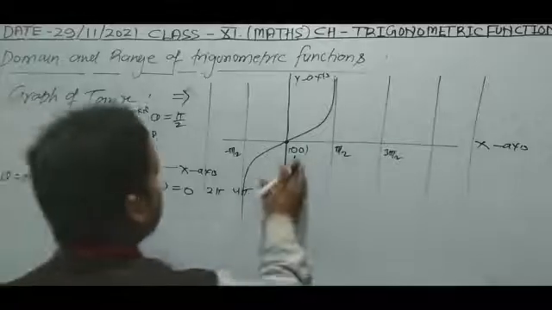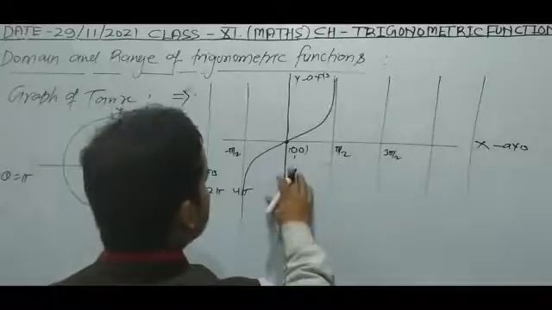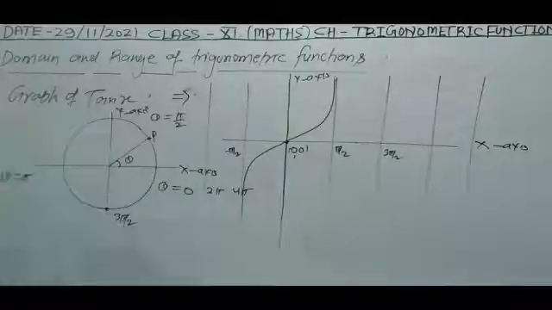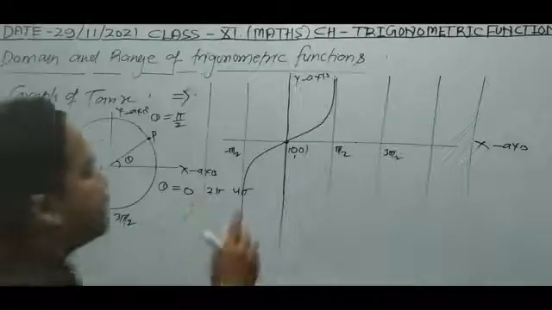Now pi by 2, pi, now 3 pi by 2. At pi, the result you will get is 0.